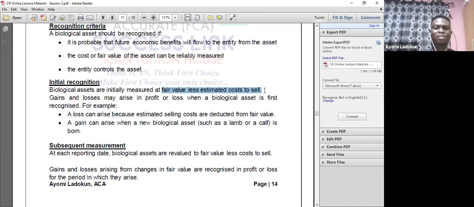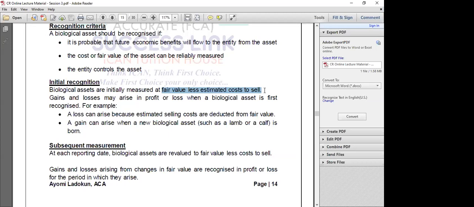Now listen, gain or loss may arise. This must be recorded in the profit or loss account, okay? So when you initially measure a biological asset at fair value, less cost to sell, gains and losses may arise, and you have to recognize them in the P or L account.